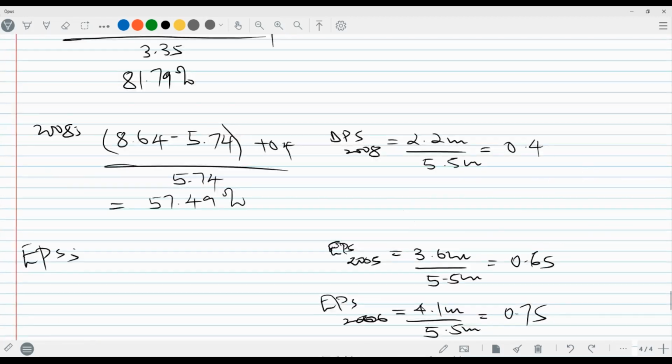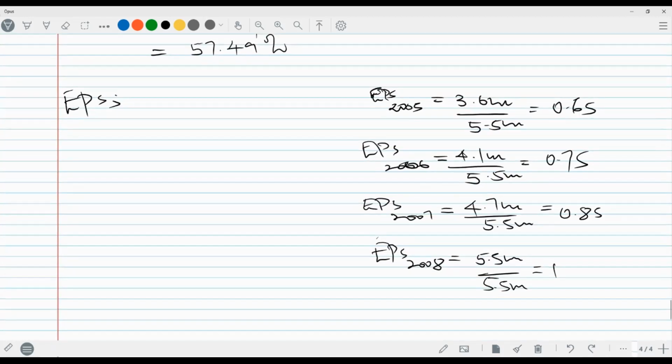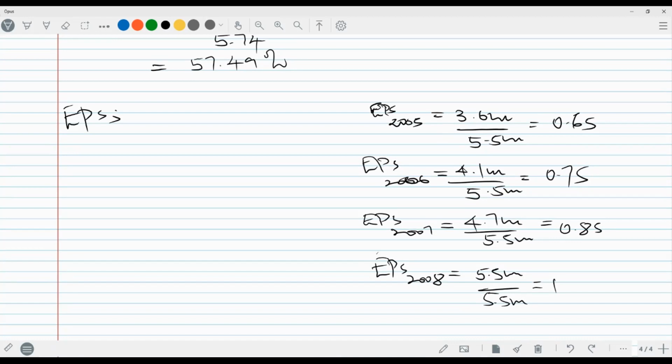Let's say the growth in the earnings per share. Okay, 2005 to 2006 is equal to 0.75 divided by the previous year, 0.65, minus 1, we can get in percent.